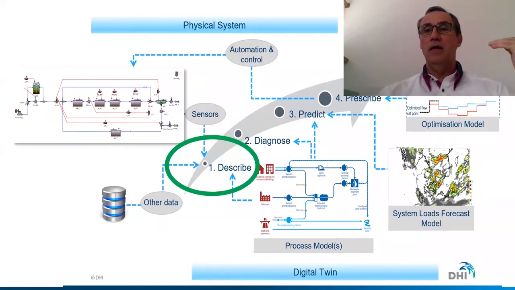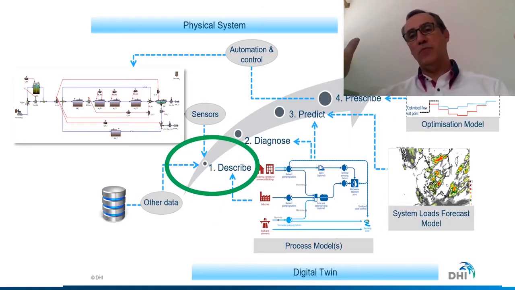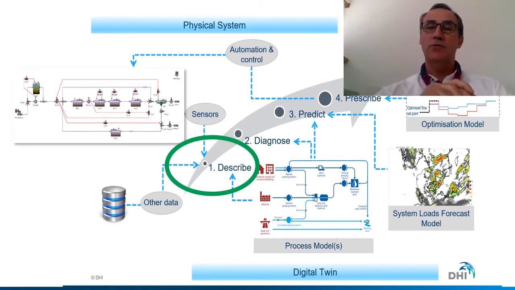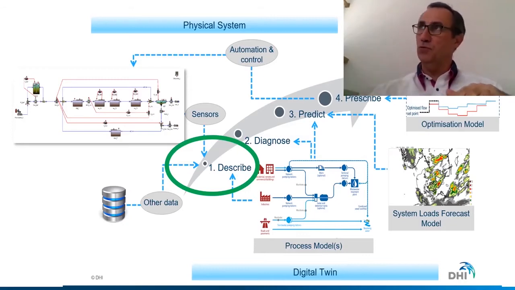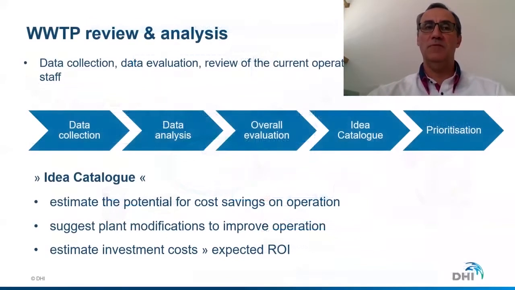Still, when the utility, treatment plant operator or consultant would like to go through the stages up to the prescriptive or automatic run of the treatment plant, we recommend doing what we call review and analysis of these data.